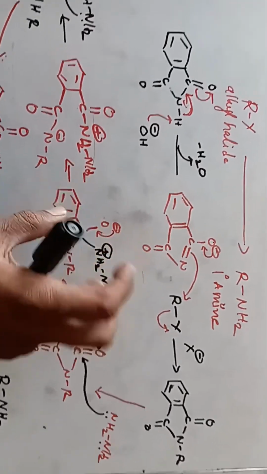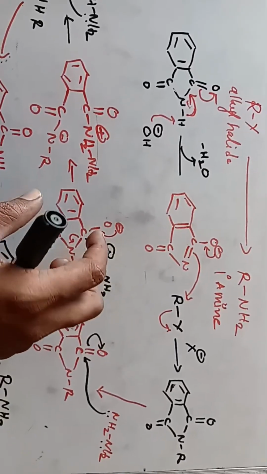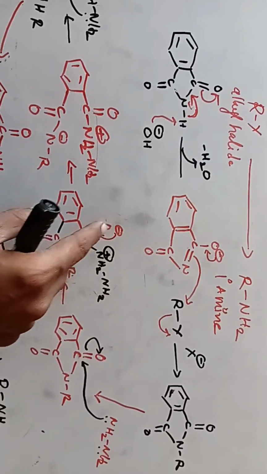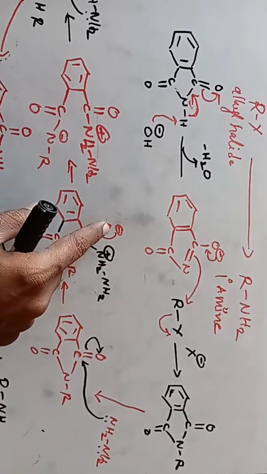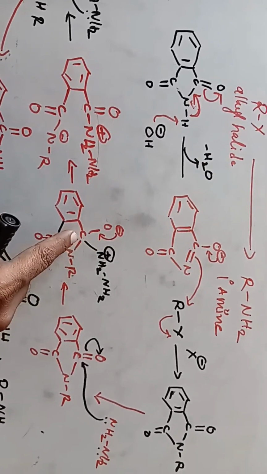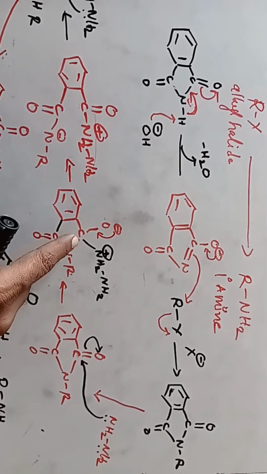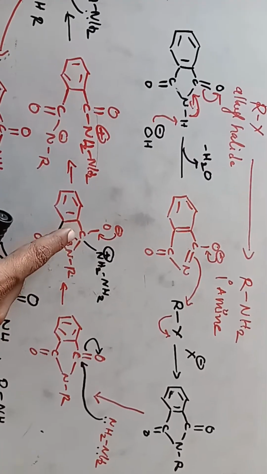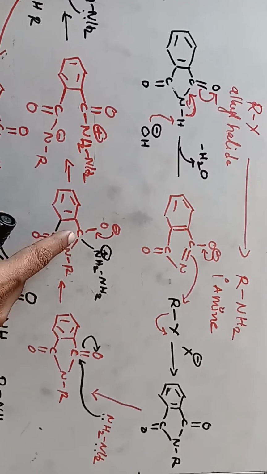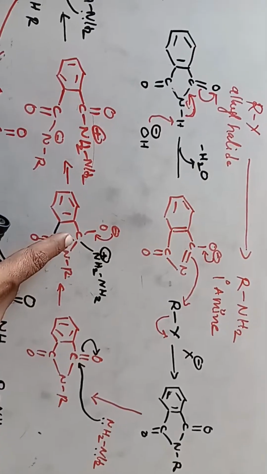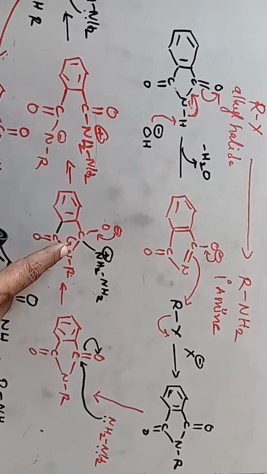Now this cannot remain like this forever. So again the electrons will shift between this oxygen and carbon, and a double bond will form. And if you see here, there are already four valencies, so one of the bonds is going to break. So this carbon-nitrogen bond will be broken, and the electrons will shift onto the nitrogen.